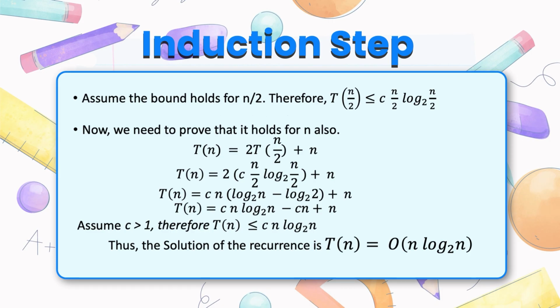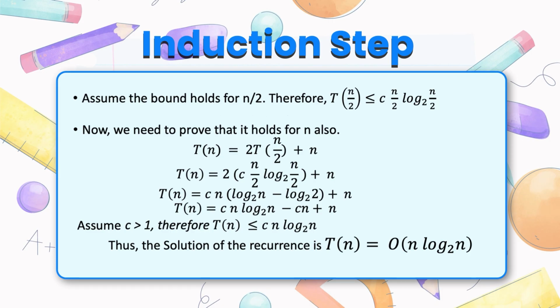Therefore, it is going to be minus Cn plus n. And C is greater than 1, so it may be 1.1, or let's say 2. Obviously, if C is 2, minus 2n plus n will become minus n.